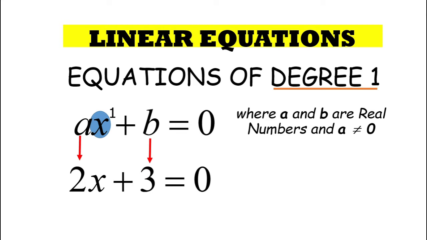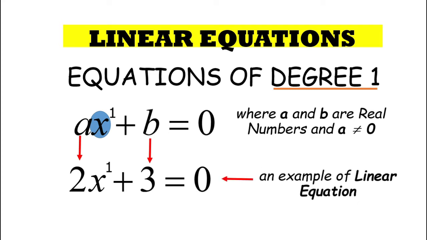So this gives us x to be our unknown variable. So guess what is the exponent of x? That is right, it is 1. Therefore, 2x to the power of 1 plus 3 equals 0, or 2x plus 3 equals 0, is an example of a linear equation.